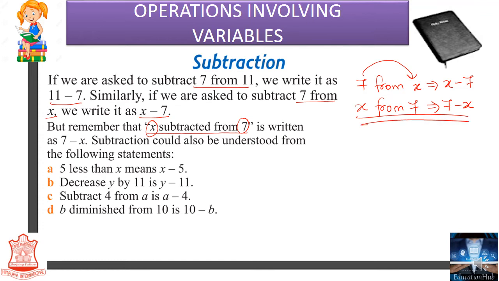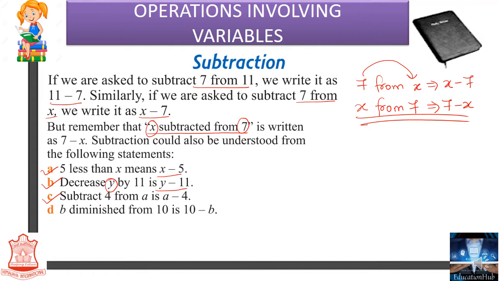Subtraction could also be understood from the following statements. That means 5 less than x. हमें x में से 5 less करना है, so we are going to write x minus 5. Decrease y by 11. हमें y को decrease करना है 11 units से, so we are going to write y minus 11. Subtract 4 from a.